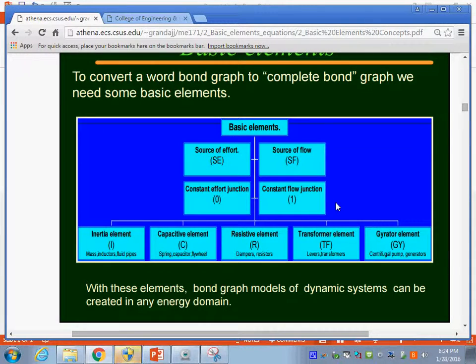And then you have this transformer element, which is like the gearbox on the model that we just saw. It's a conservative element that transforms one angular velocity into another, or one torque into another torque, or one force into another force. And then you have the gyrator element, which is also a type of transformer.